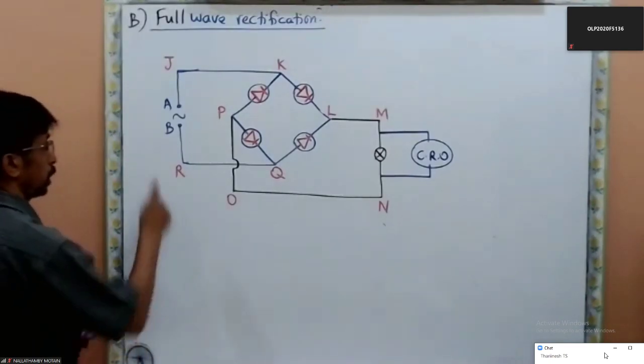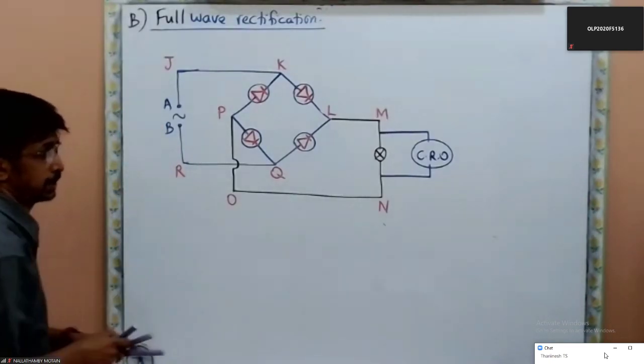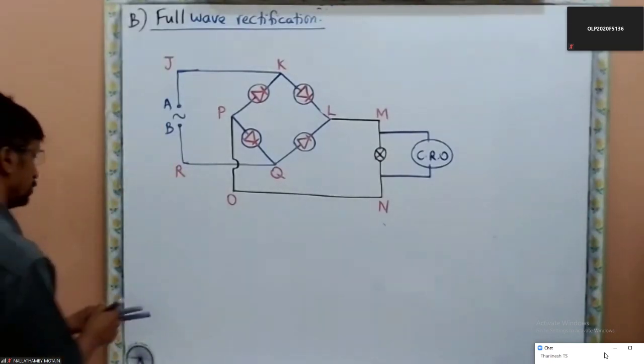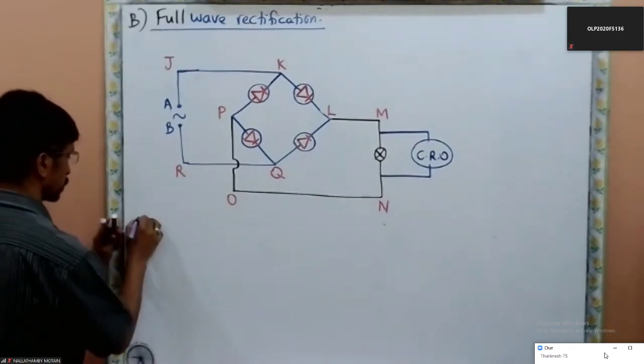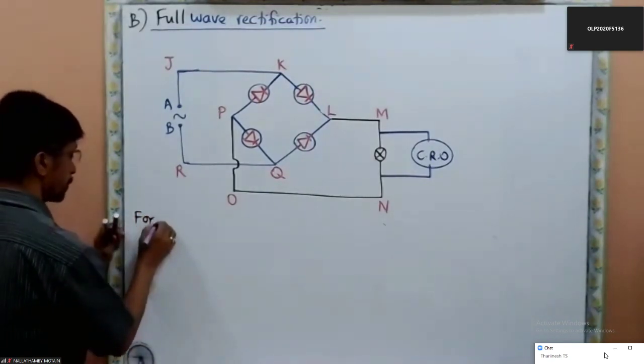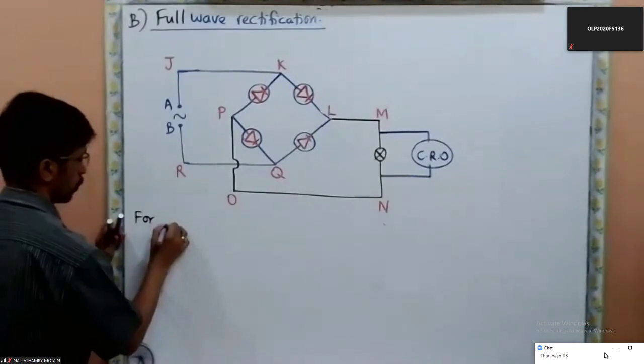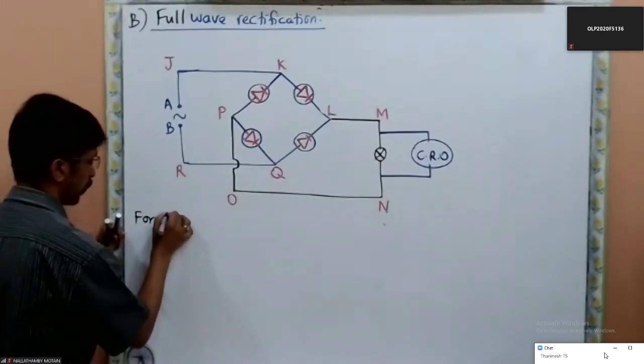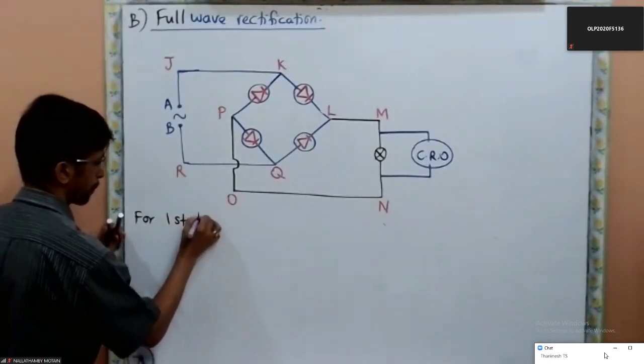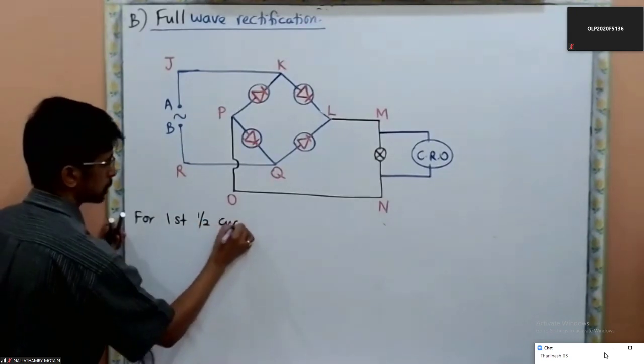Input we know already is AC. Input is AC. Okay, we check for the first half cycle.